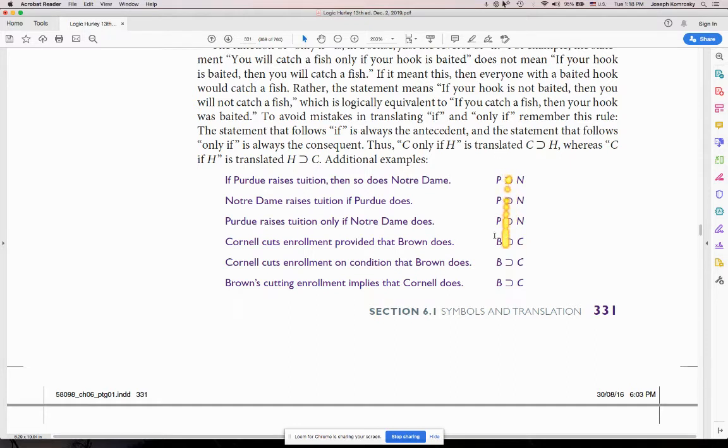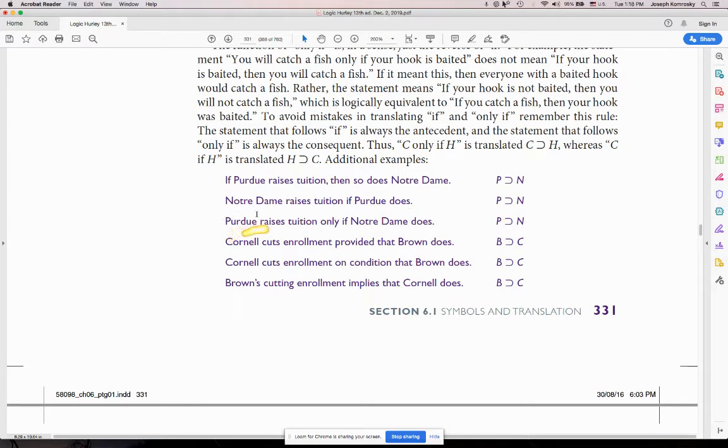They're all horseshoes. And you have to figure out what goes to the left, what goes to the right. The antecedent goes to the left, the consequent goes to the right. So again, if Purdue, I'm going to take my P and bring it over here. And these two sentences are saying the exact same thing, but in a different way. Why do we know they're saying the same thing? Because they're translated the same.